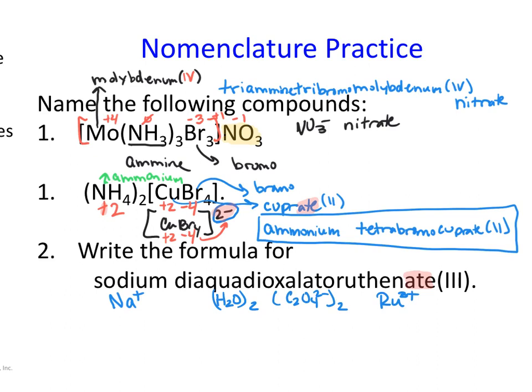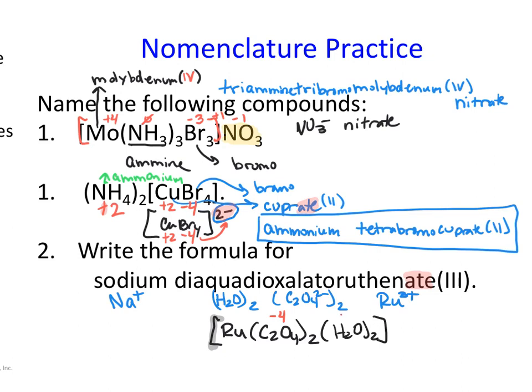So I'm going to start by writing the chemical formula for the complex anion. I know the metal is listed first. I then list the anion ligands. So oxalato, C2O4, I've got 2 of them. And then I have water. Aqua, also 2. So looking at the charges, each oxalate is -2, so that's an overall -4.